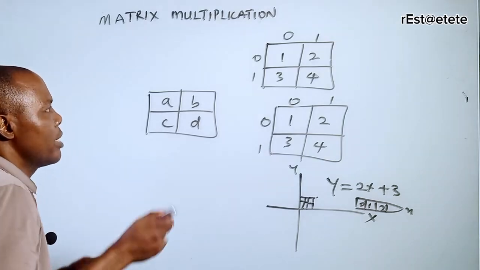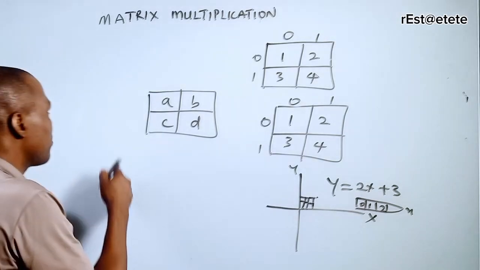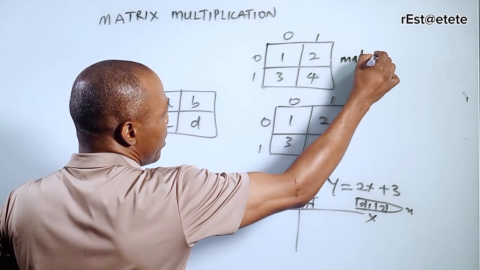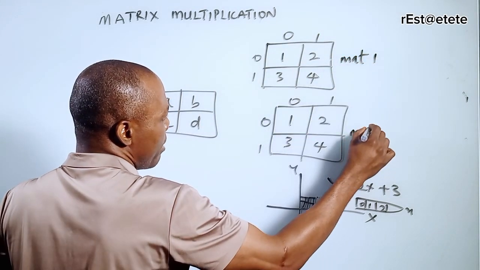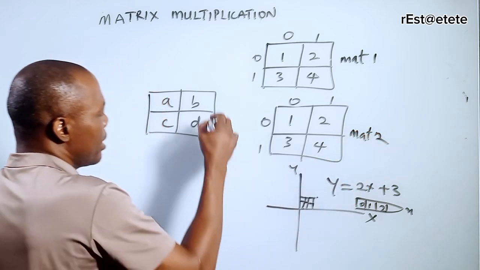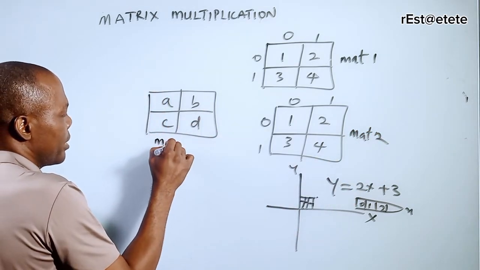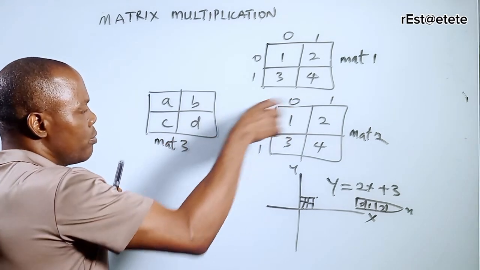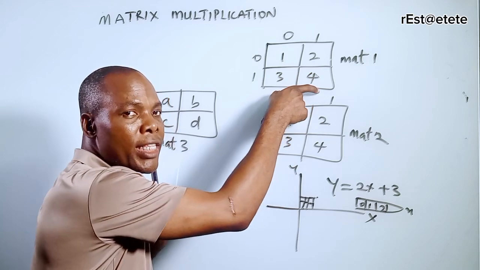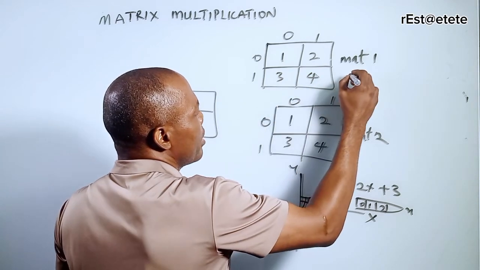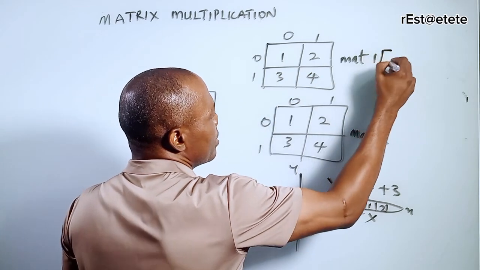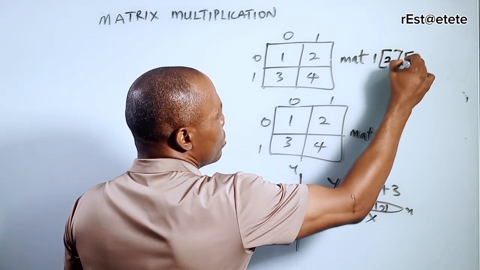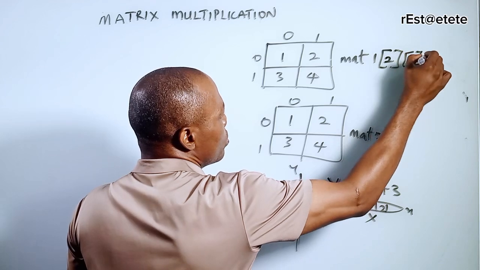First and foremost, there is a formula. If we call this one matrix 1, and we'll call this one matrix 2, this one will be matrix 3. To declare this variable, that will be matrix 1, 2, 2.